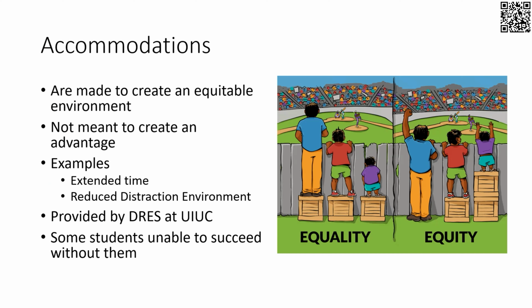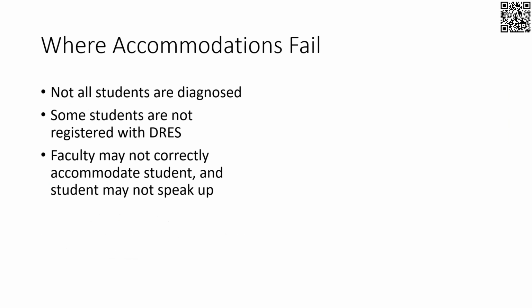That goes to show this picture. It's not that I have more time than my classmates, so I have an advantage. It's more providing that extra step stool so I can see over the edge. Now, accommodations are good, but they can fail, as not all students are diagnosed. What I mean by fail is where they aren't really provided.